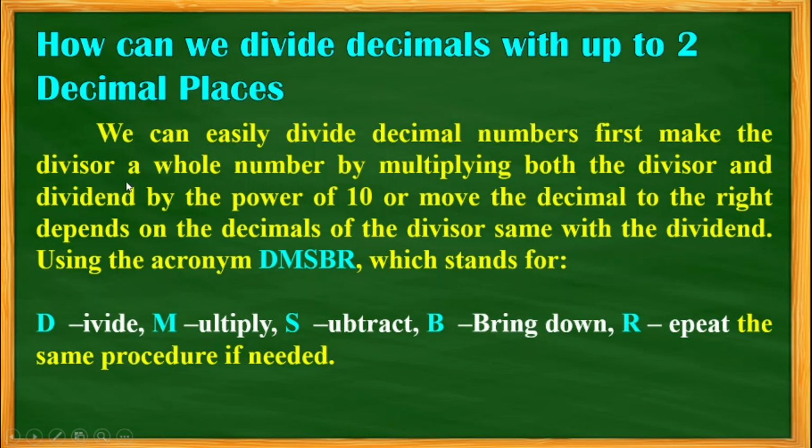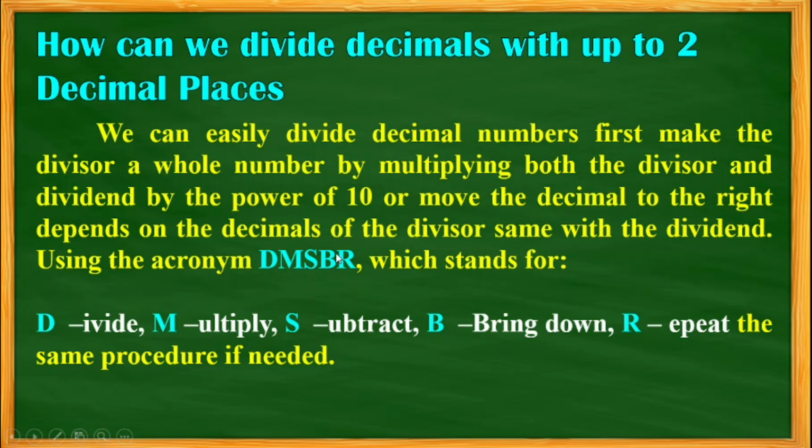First, make the divisor a whole number by multiplying both the divisor and the dividend by a power of 10, or you move the decimal point to the right depending on the number of decimal places of the divisor, same as the dividend, using the acronym DMSBR, which stands for divide, multiply, subtract, bring down, repeat.